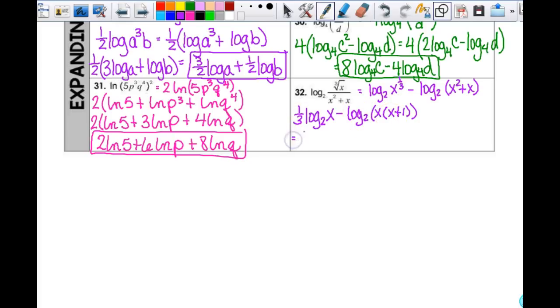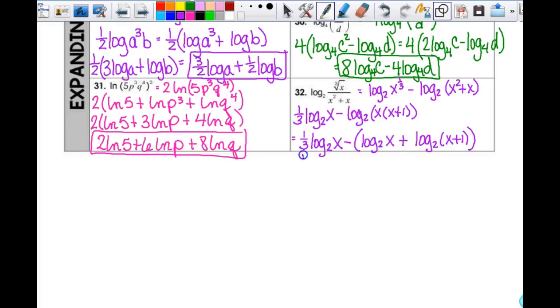So I'm going to rewrite the first part, 1/3 times log base 2 of x minus, now I need parentheses here because I'm going to split this into 2 and this whole thing is being subtracted. So it's minus log base 2 of x plus log base 2 of x plus 1.